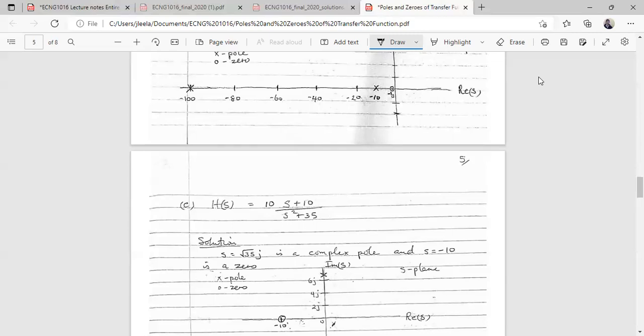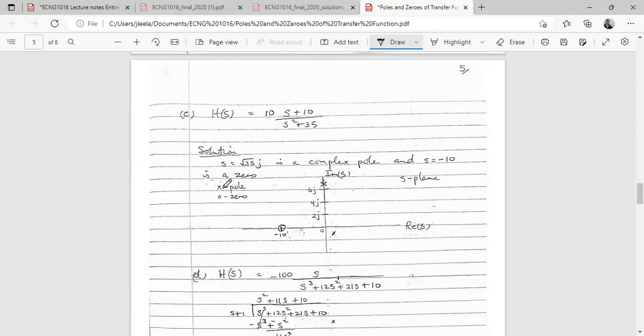H(s) is 10 into s plus 10 over s squared plus 35. So s equals plus or minus the square root of 35 j is a complex pole, and s equals minus 10 is a zero. Let me explain here again.